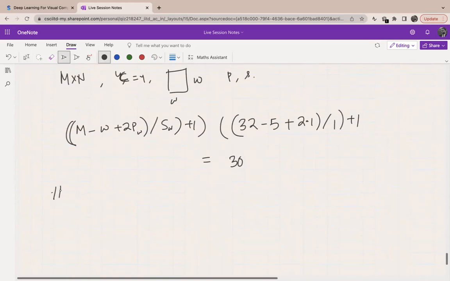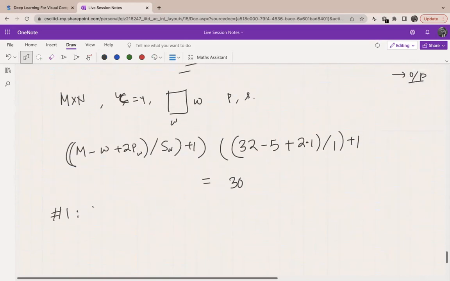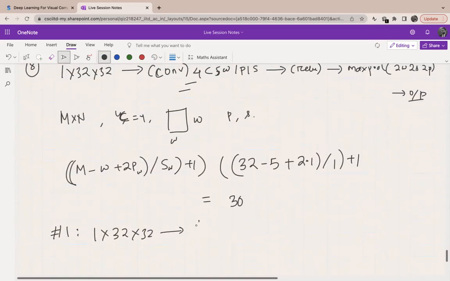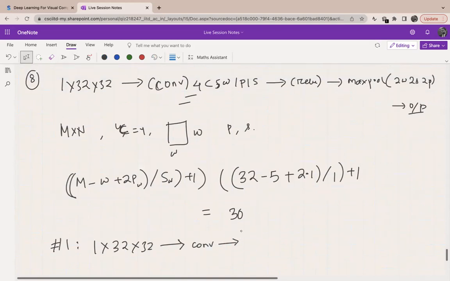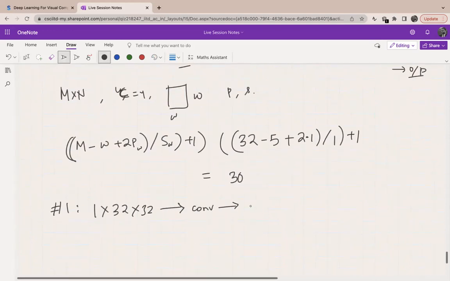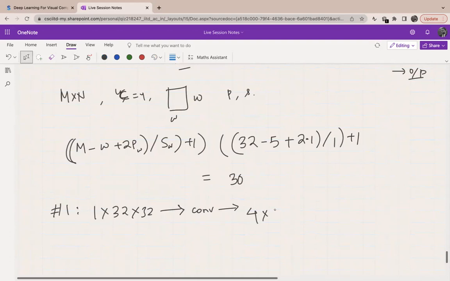So the output of layer 1 would be 4 cross 30 cross 30. The number of filters depends on the number of channels we're looking for, which here is 4.